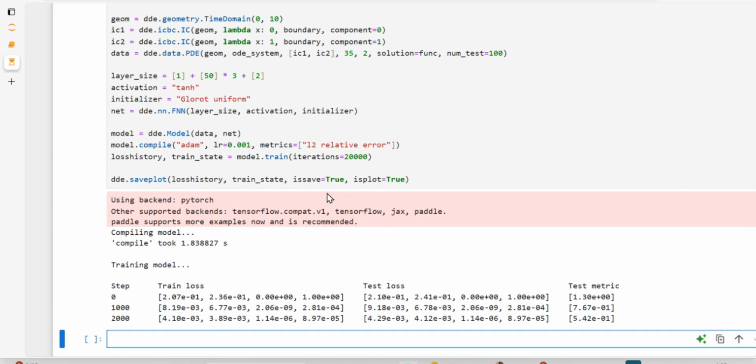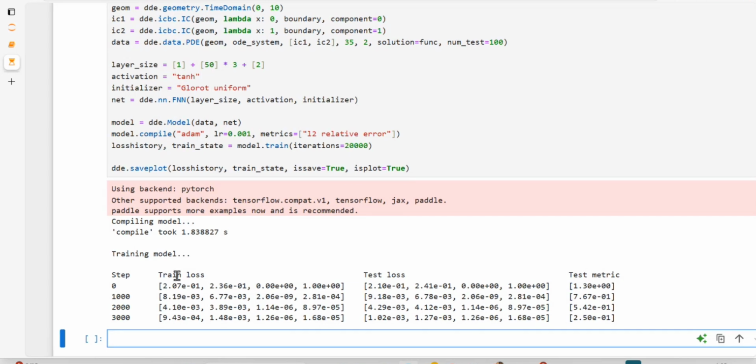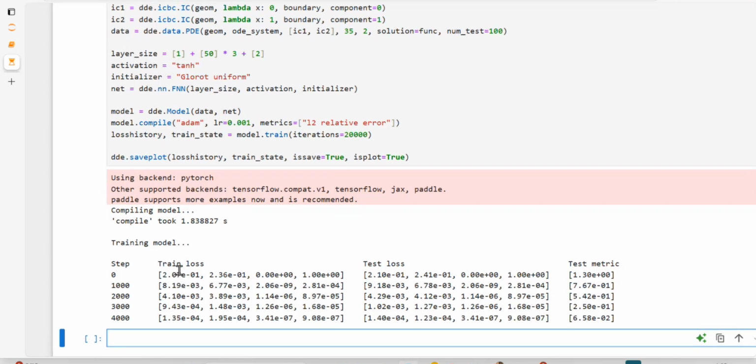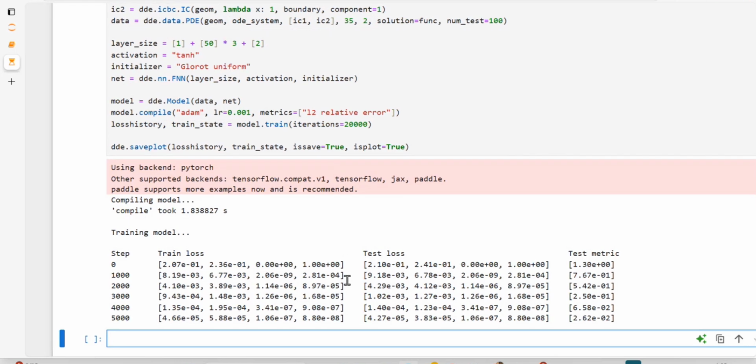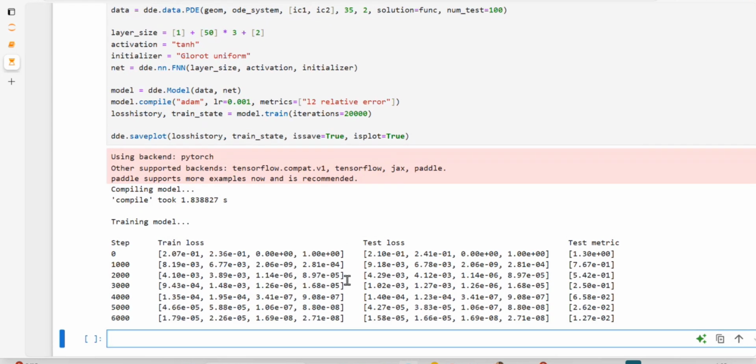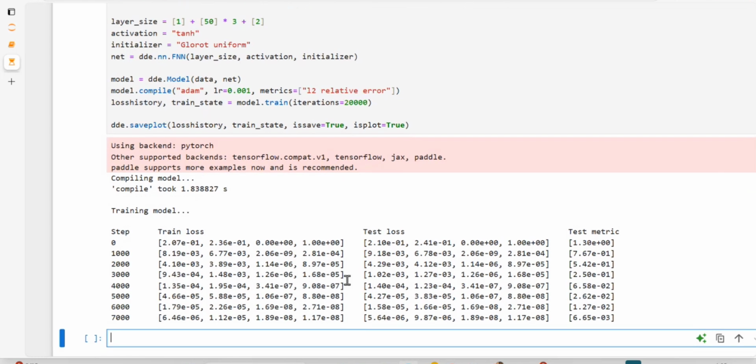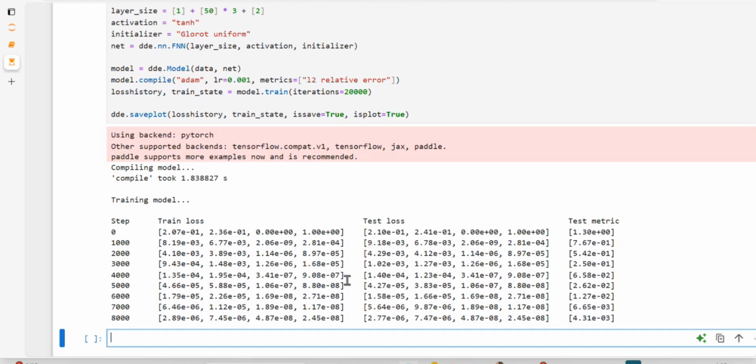There are three kinds of things you can see. One is the training loss, how much loss is trained on the data. Then we have test loss. The test loss is when we apply the results on the testing over test data.